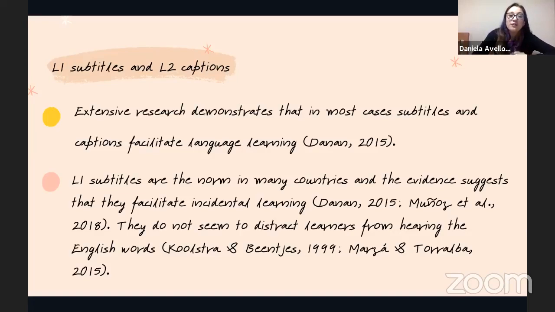L1 subtitles are the norm in many countries, and the evidence suggests that they facilitate incidental learning, since they do not seem to distract learners from hearing the English words. So we can learn from both. But now the decision has to do with different factors, and this is something that I'm going to explain later.